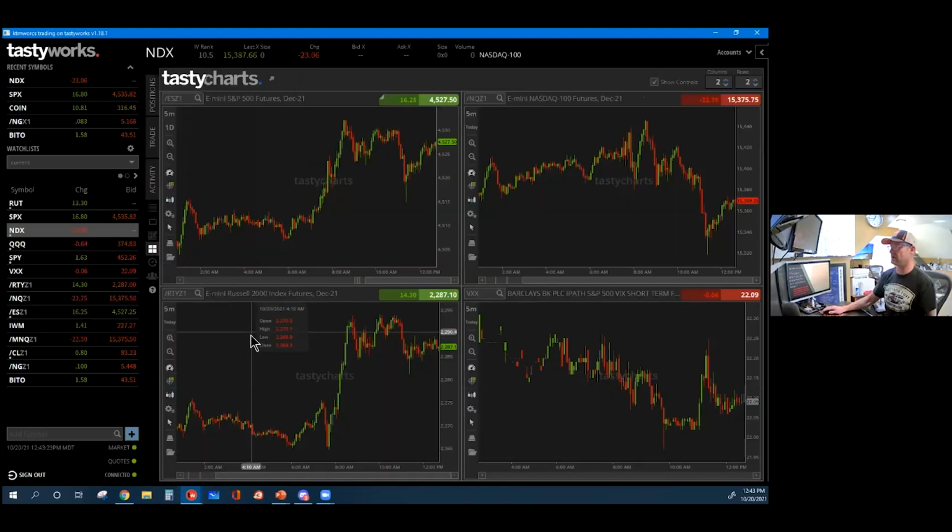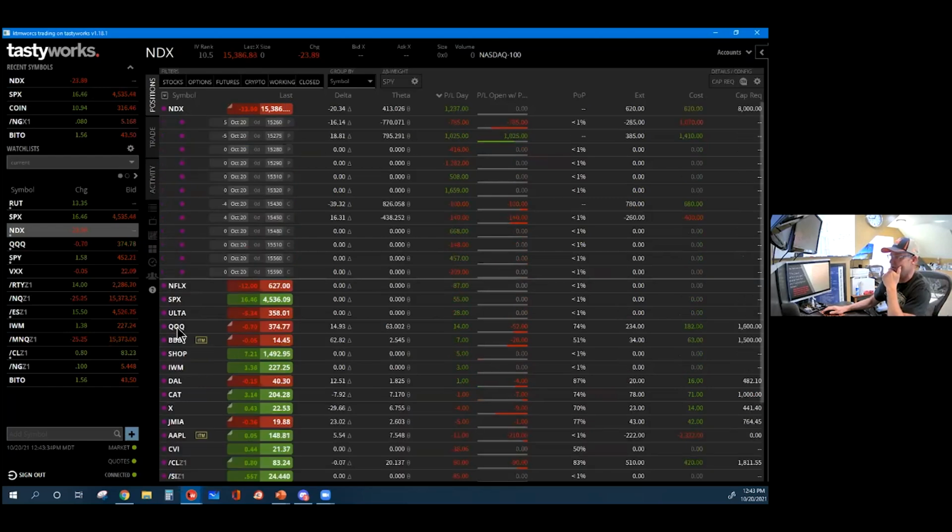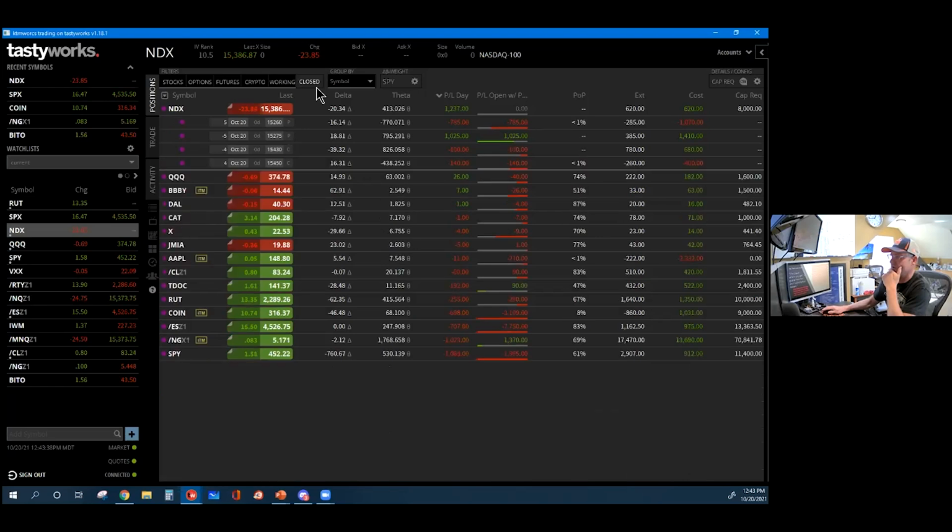I'll go back over here once again so that we can view the charts and see where things are going. If I look at our NDX trade, let's just take a look at it for a second. Get rid of that close tab once again, get rid of all that mess. Obviously, we are pushing closer to the call leg than the put leg, but the call leg is at 15,430.